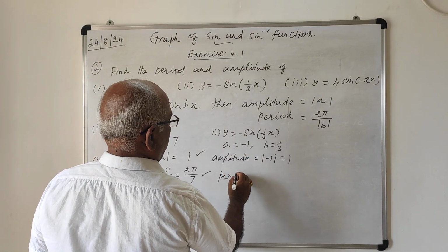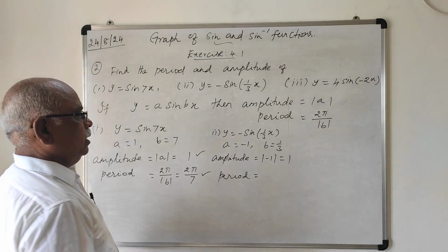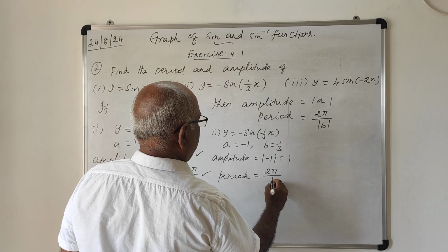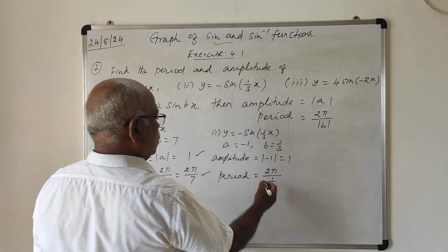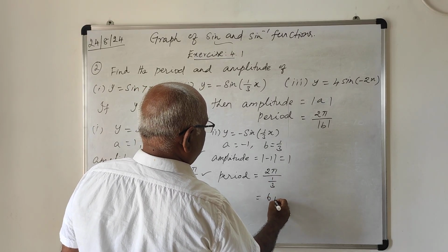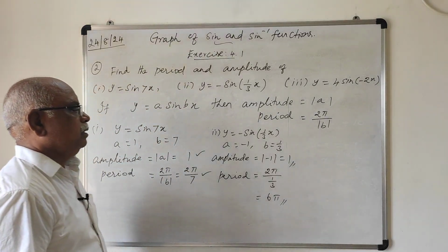Period equal to 2 pi by mod b, and b is 1 by 3. So this is 2 pi divided by 1 by 3; the 3 goes to the numerator, and it becomes 6 pi. So period is 6 pi, amplitude is 1. That's all about the second problem.